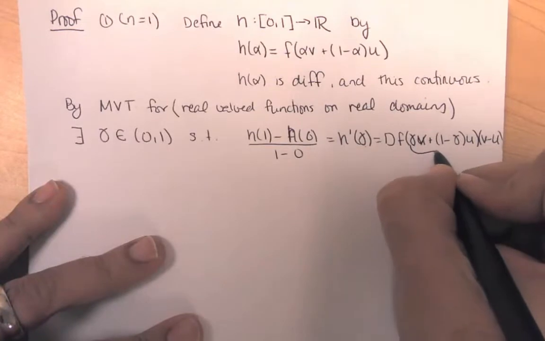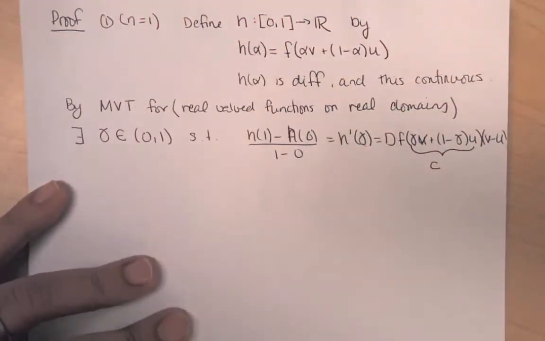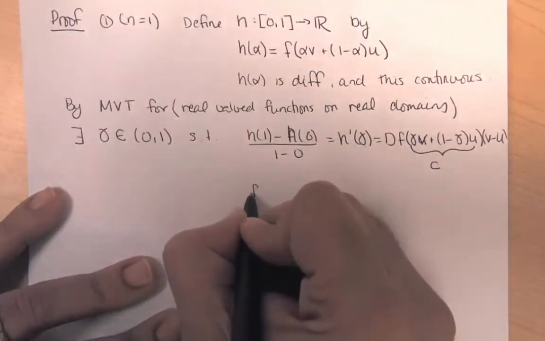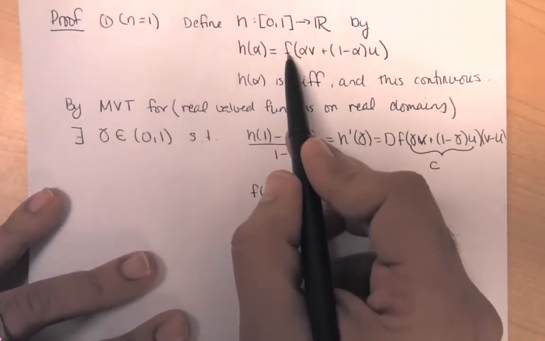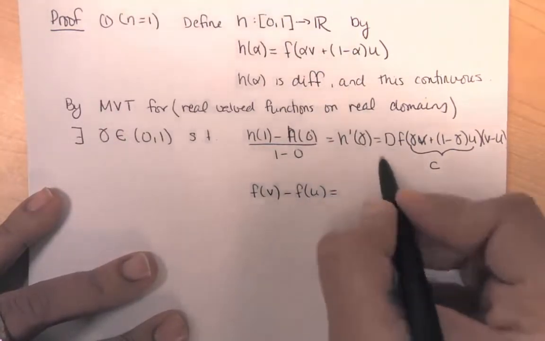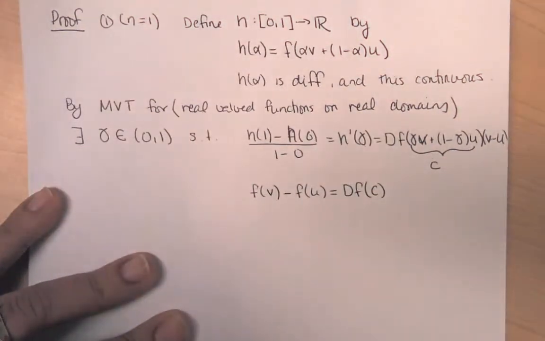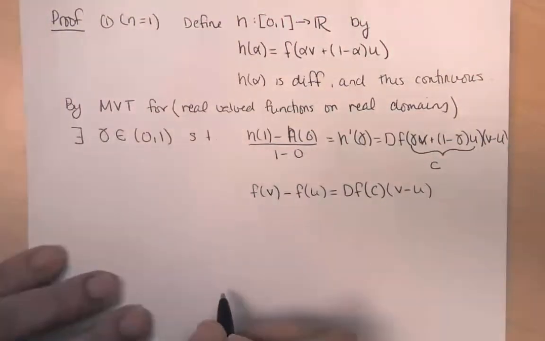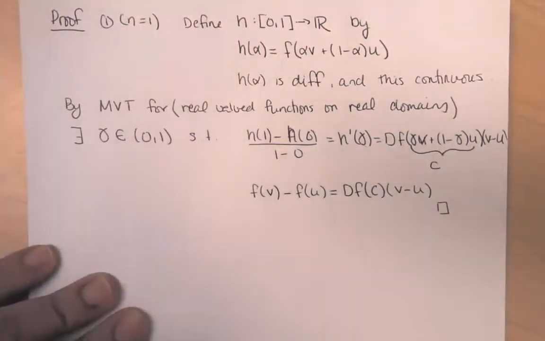Now, we're going to call this point c. Remember, h of 1 is f of v, h of 0 is f of u, so f of v minus f of u equals the derivative of f evaluated at c times v minus u, which completes our proof of the first bullet.